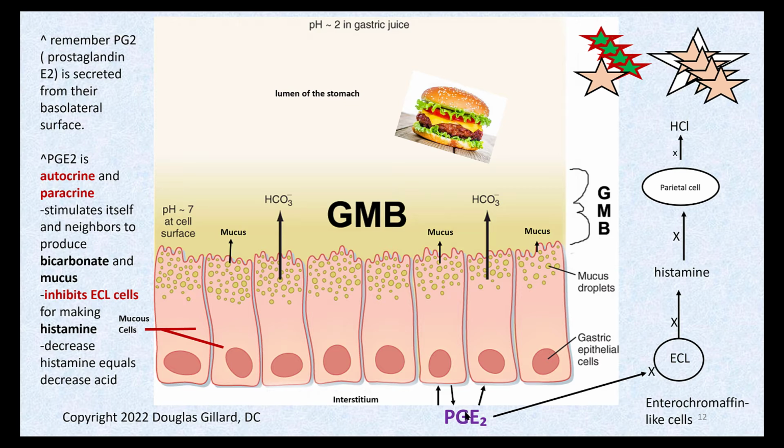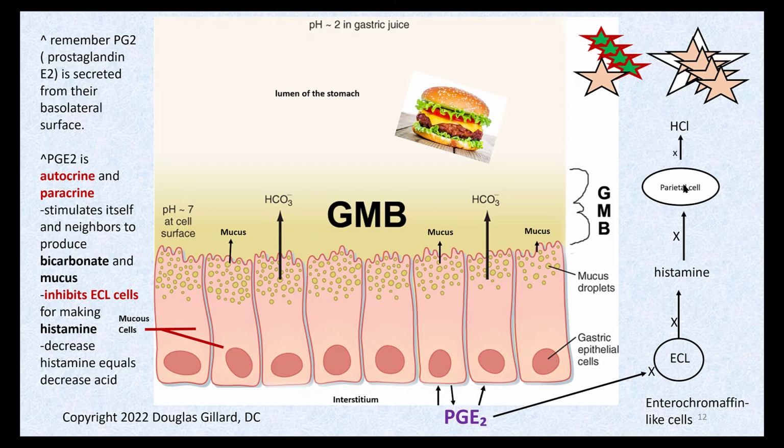As we'll see again later, PGE2 is very important for calming down the acid that comes in the stomach. How does it do it? PGE2 will swim over here and it will bind to ECL cells, which of course make histamine, and it discourages the production of histamine. If you discourage histamine, then you discourage histamine from binding to a parietal cell.